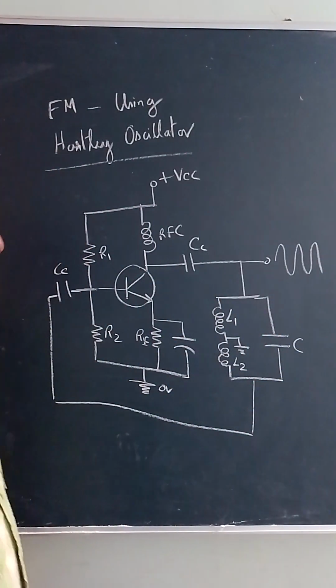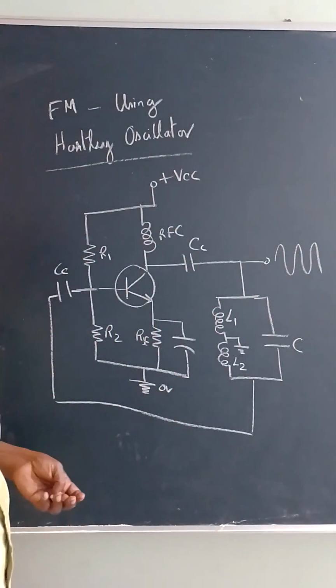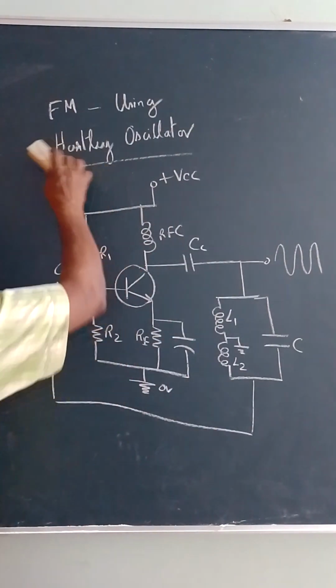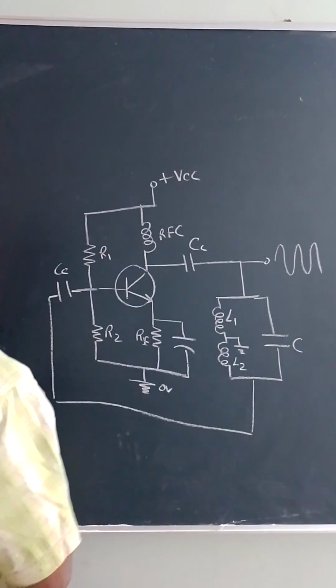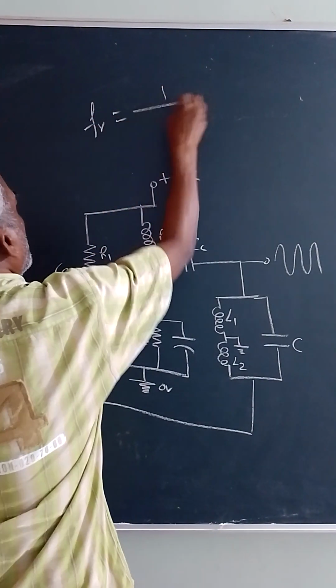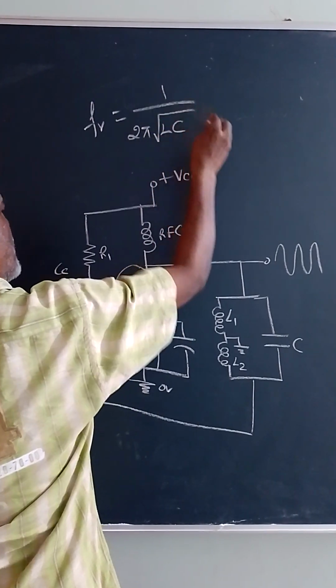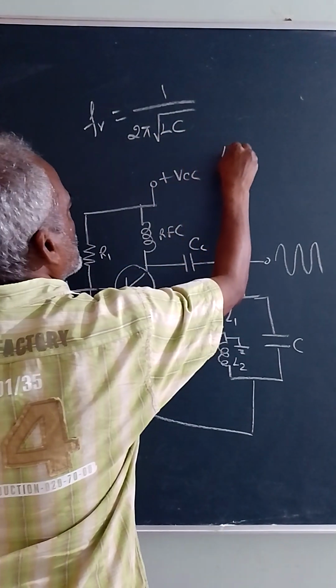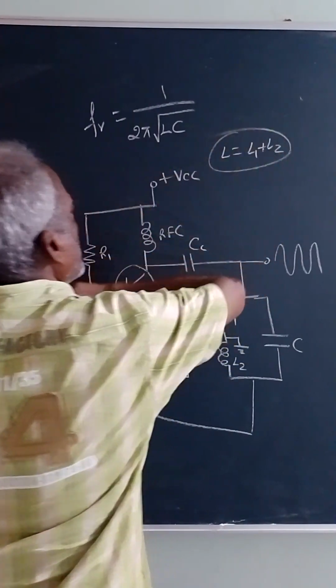So we all know the resonant frequency for this circuit, which is given by FR. Resonant frequency is equal to 1 by 2 pi root LC, where L is equal to L1 plus L2. Okay.